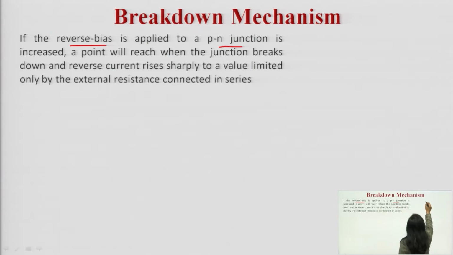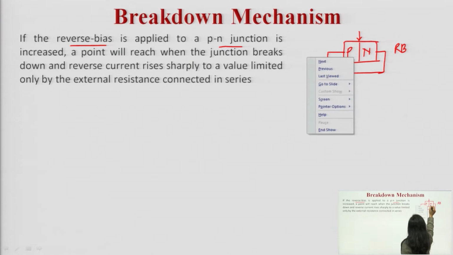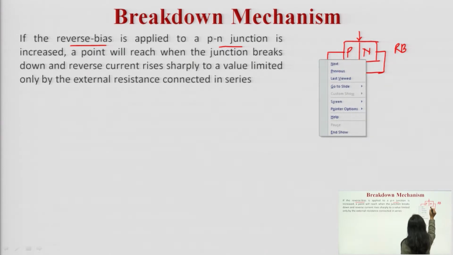What do you mean by a reverse bias? See, if this is a PN junction, if this is P, this is N, this is the PN junction, and the P-type terminal is connected with the negative terminal of the battery and N is connected with the positive terminal of the battery in this manner, this is the situation of the reverse bias. Here, in P-type the majority charge carriers are holes, while in N-type the majority charge carriers are electrons.